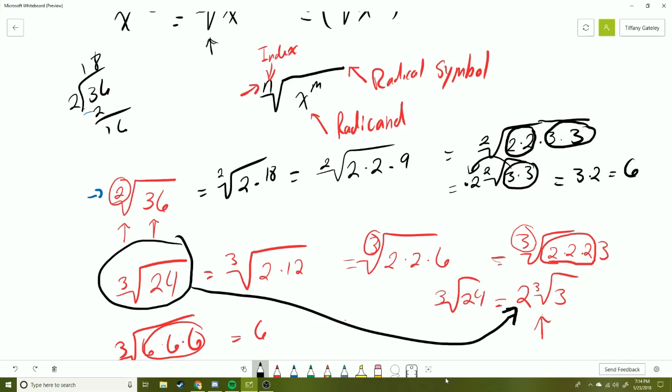So if you break it down and you have more than one number that matches your index number, you pull that out and then you multiply them. So pull 2 out, pull 3 out, and you multiply those two numbers together, which equals 6. So that's radicals.